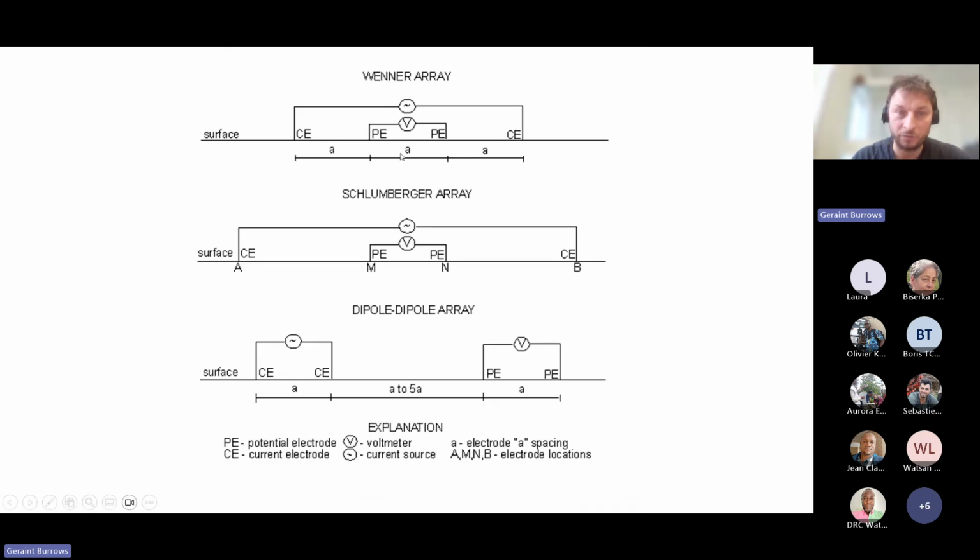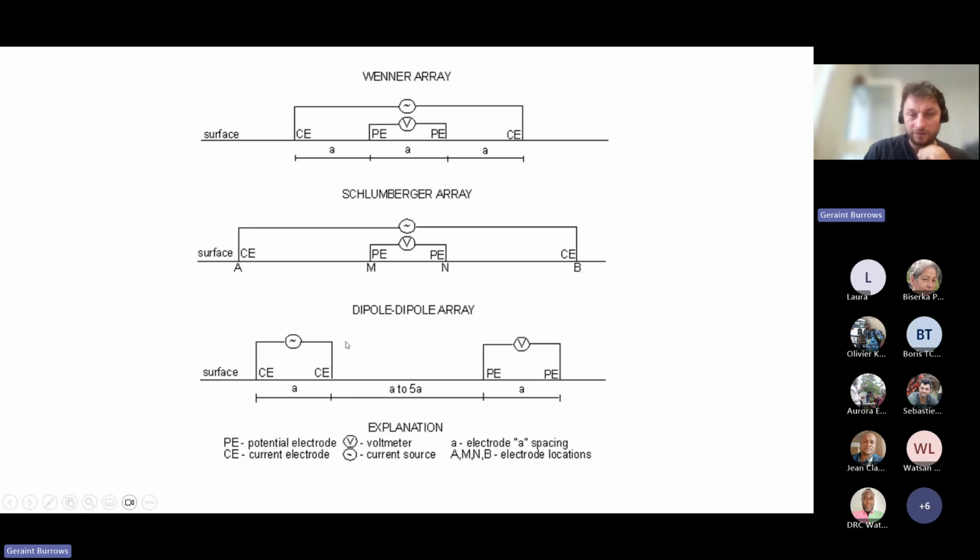There's the Wenner array, where the electrodes are all separated out at an equal distance. So A here, the distance between this electrode and the inner electrode here, the P voltage electrode, is distance A, and that's the same going across the entire array of those four electrodes. The Schlumberger array will have a smaller distance between the inner electrodes and then greater distances on the outer electrodes.